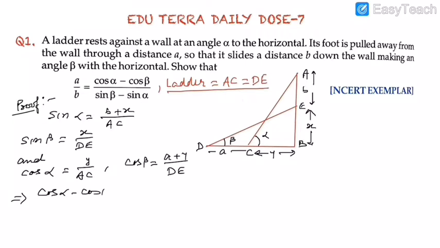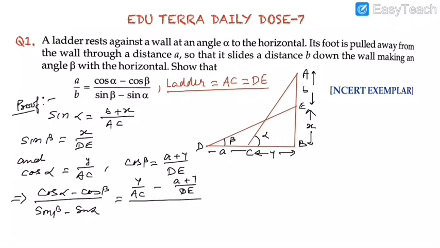So cos alpha minus cos beta upon sin beta minus sin alpha. See, cos alpha means y upon AC, minus cos beta, a plus y upon DE. You can use brackets for a plus y if you have any confusion regarding the negative sign.